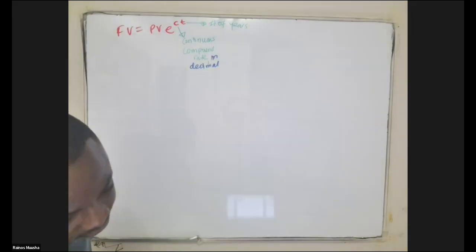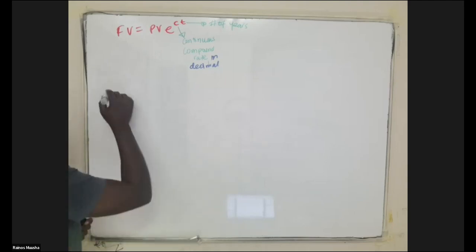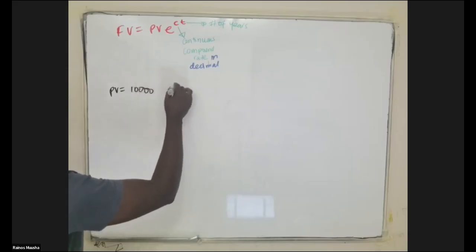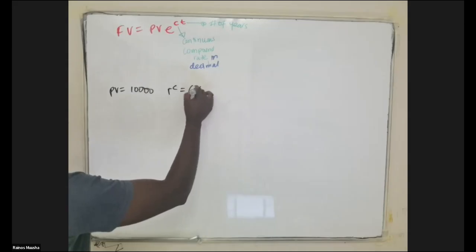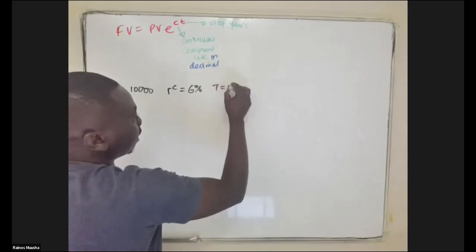So given this information, for example, if you are given an amount of 10,000 which is invested at a continuous compound rate of 6% for 10 years, it means your present value is 10,000, your continuously compounded rate is 6%, and the number of years is equal to 10 years.